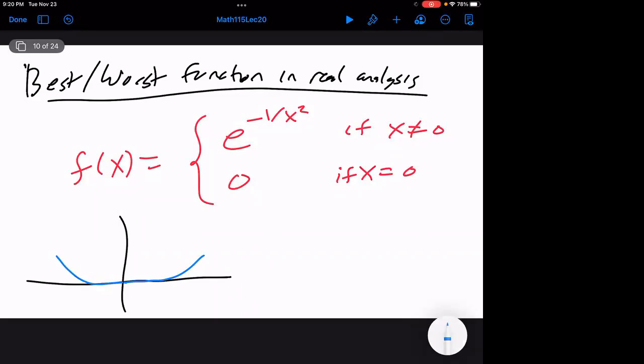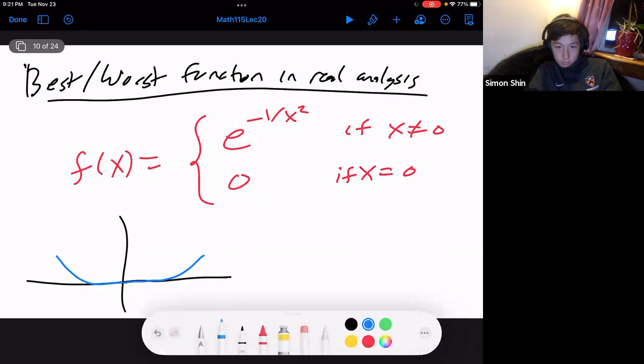The reason is you have e to the negative 1 over x squared. If you take x equals 1 over 1,000, you have e to the negative 1 divided by 1 over 1,000 squared. Well, 1 over 1,000 squared is 1 over a million. This is e to the negative million. This function is so close to 0.